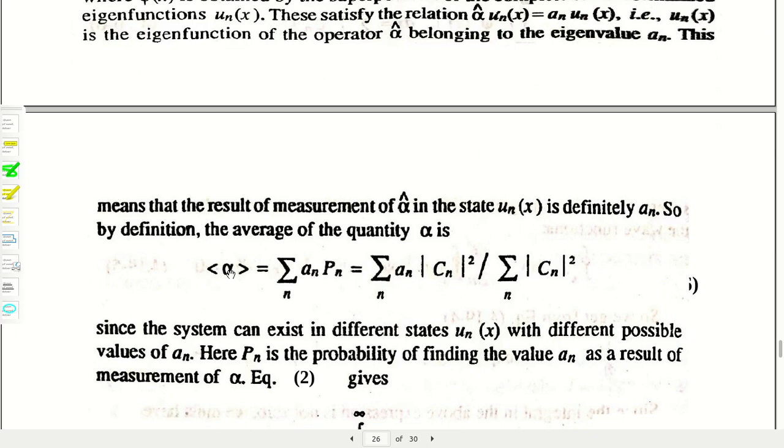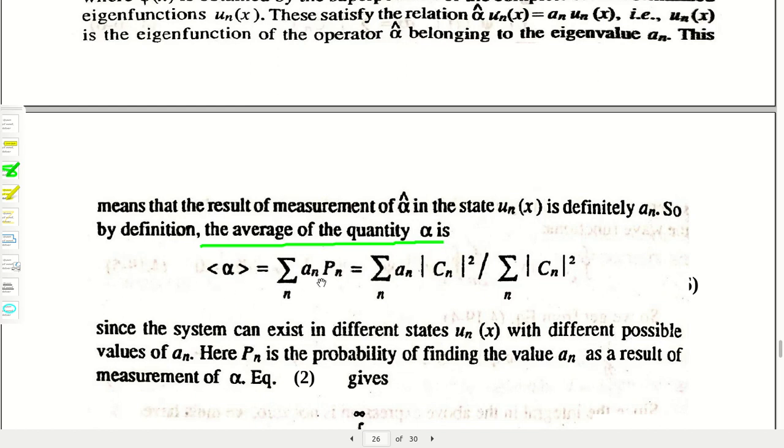Now the expectation value is the average value of a dynamical variable. From the classical point of view, actually not classical, it is statistical. From the statistical point of view, we can calculate the average value of any quantity, say alpha, as this. This is the average value sign, not a bracket sign, the expectation value sign.